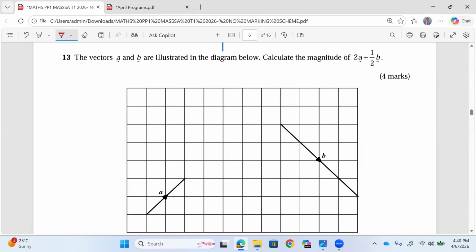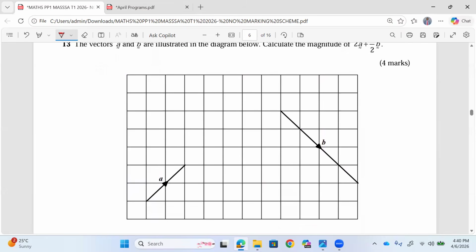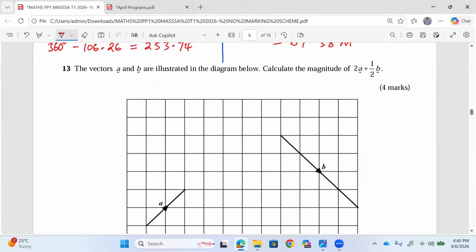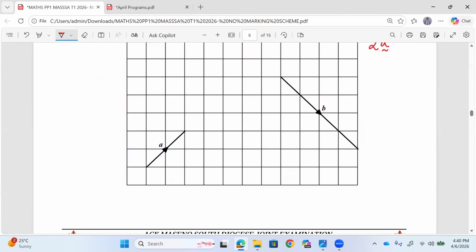Since we are given the vectors already drawn, we can check what we mean by 2 vector A. Vector A is 2 units horizontally, 2 units upwards.